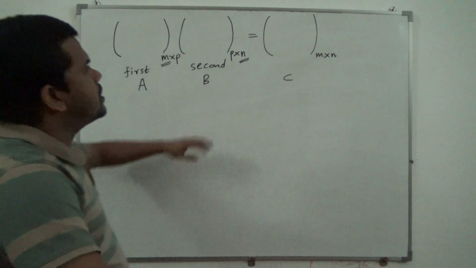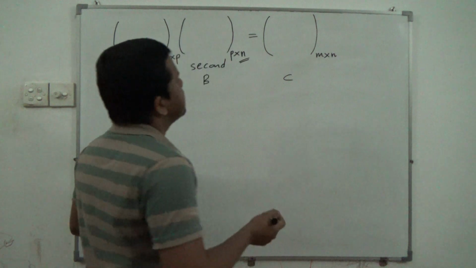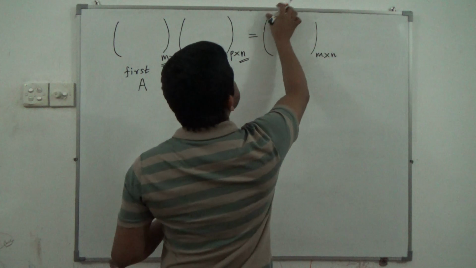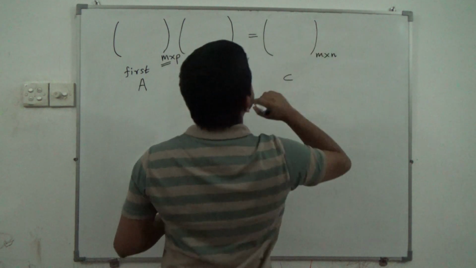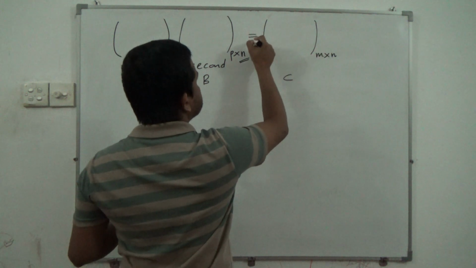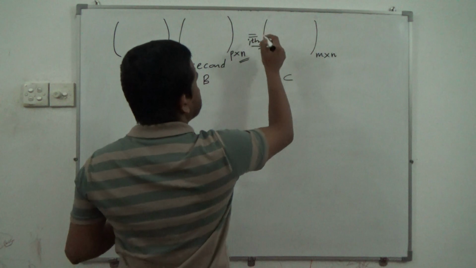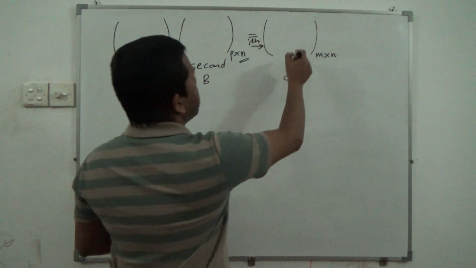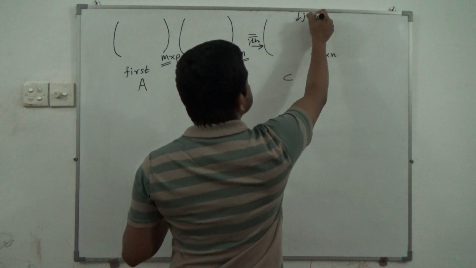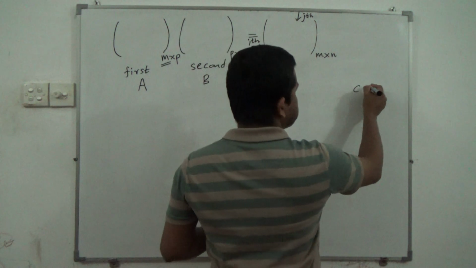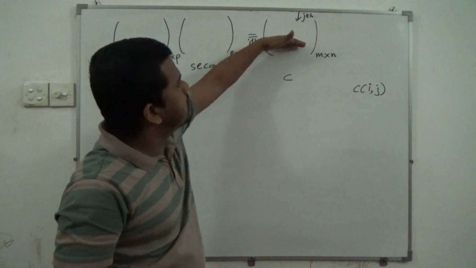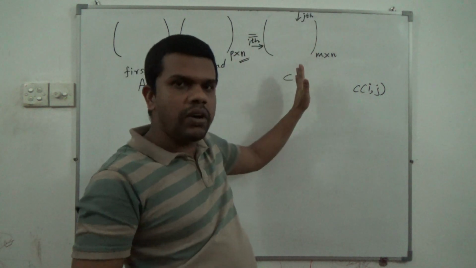The position of c i comma j in this matrix is in the ith row and jth column.